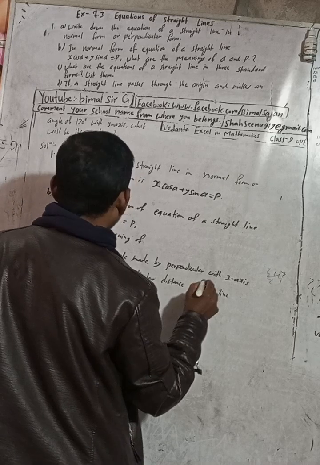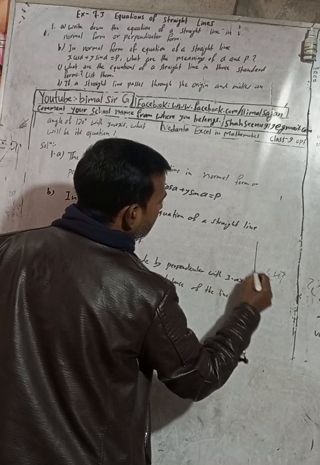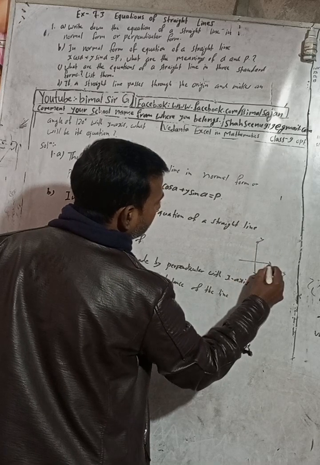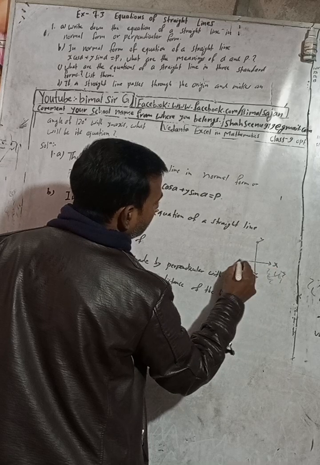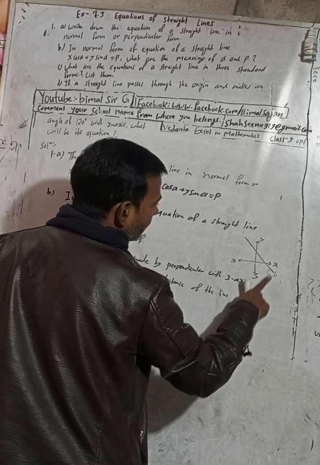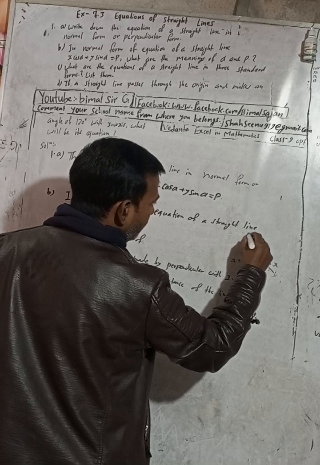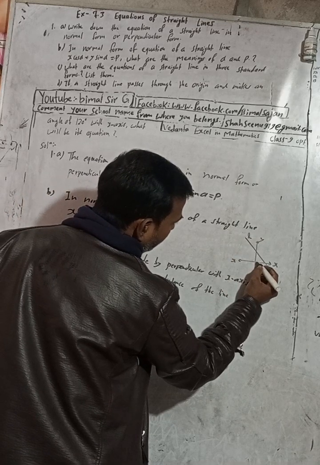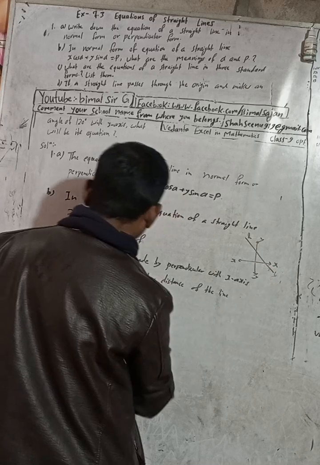I'll make it clear by the figure. Suppose this is our y axis, this is y dash, this is our x, and this is our x dash. Suppose any line is in the first quadrant. To find the equation of this line, the perpendicular distance.